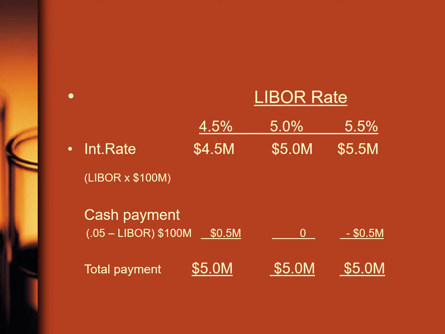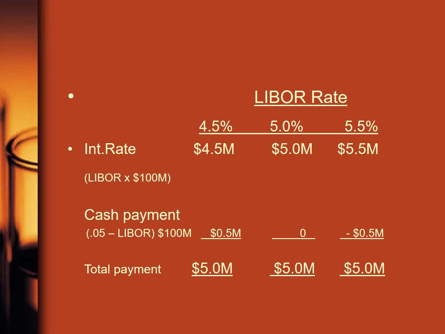And if you move to the second column, at 5%, the firm doesn't have to pay anything, and neither does it receive anything, because the LIBOR rate and the fixed rate are the same: 5% LIBOR, 5% fixed rate. If you look at the third column, here the situation is different.